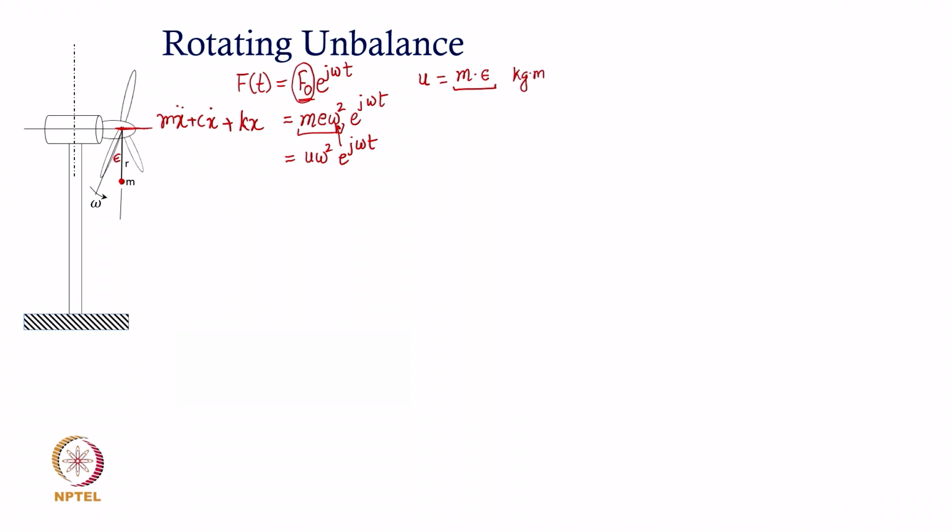In practice, the unit is more commonly kg millimeter. So, the eccentricity is in millimeters and the mass is in kg, but for the sake of this mathematical analysis, let us keep consistency with the units. Let us assume that this U represents the unbalance, which is mass times eccentricity. Now, you must be very careful in understanding that this mass is the mass which is offset from the center of rotation, and epsilon is the location of that offset mass with respect to the axis of rotation.